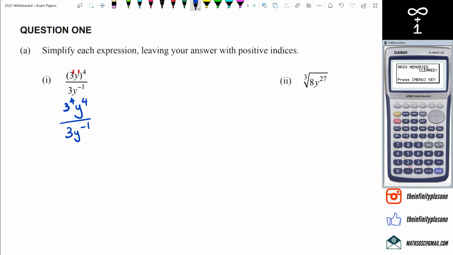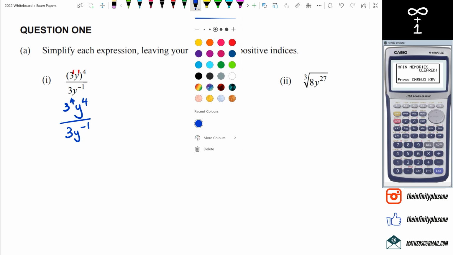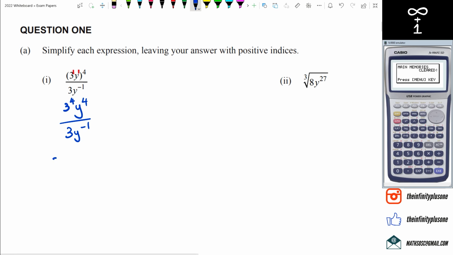Now, 3 to the power of 4, the way I would do it is because it's got the same base, I could rewrite this as 3 to the power of 4 minus 1. And then I've got y to the power of 4.